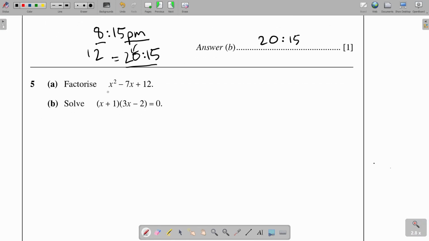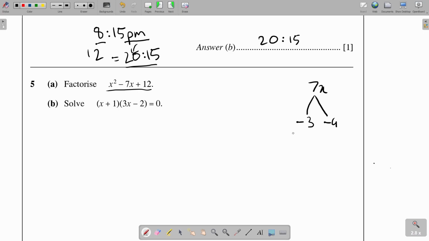All right, time to factorize this. So to factorize that, all I need to do is break up the middle term into two terms that will add up to make the middle term, and then both of those terms need to multiply together to make 12. So I need to come up with these two terms, and I think these two terms would be -3 and -4.